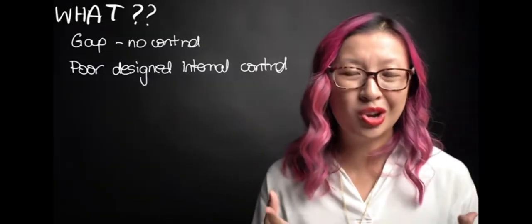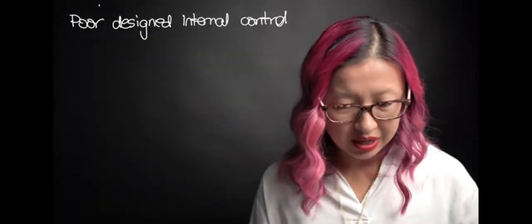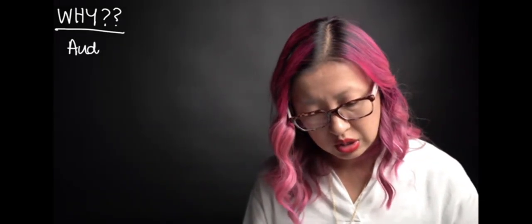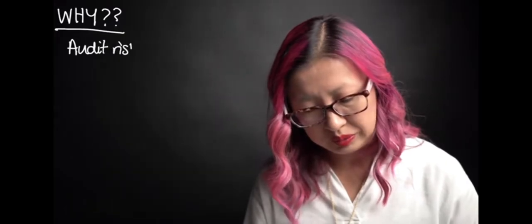So now that we know what control weaknesses are, the second thing that we want to get into is the question about why. Why is it really important that I actually understand what a control weakness is? And it comes down to a few different things. We need to know what control weaknesses are because we use the audit risk model.